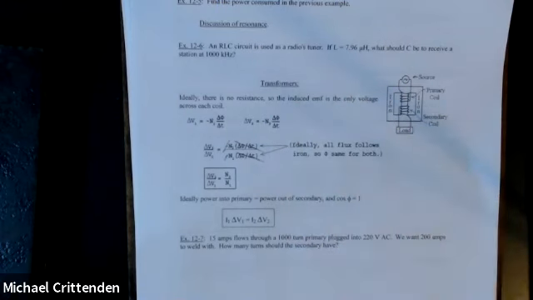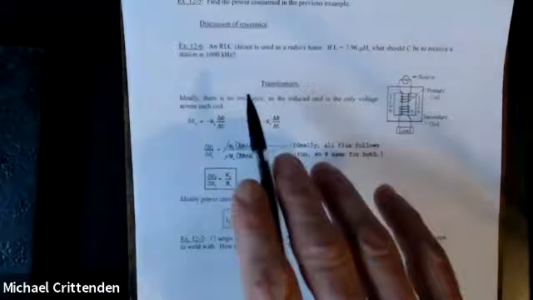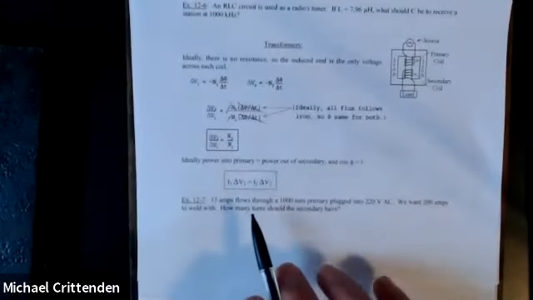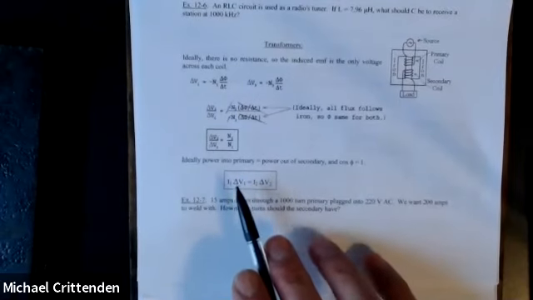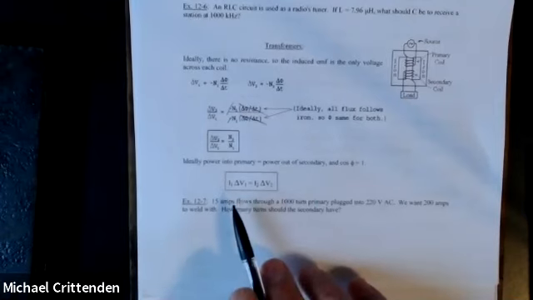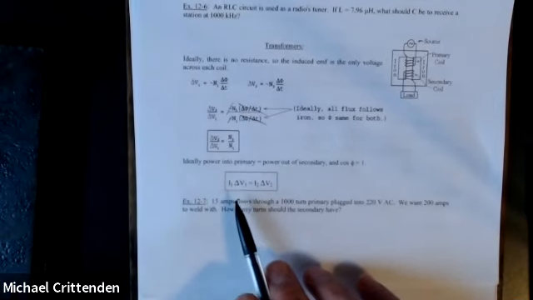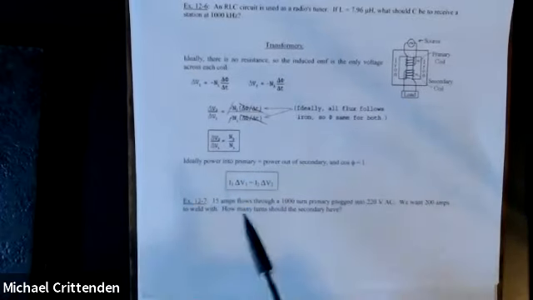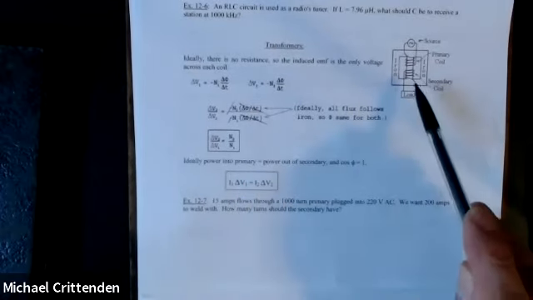But the nice thing about an introductory course is you can just shrug all that off and say, oh, that's small enough to ignore. So, of course, power is actually I times V times the cosine of the phase angle. But if you're operating it in a way that the phase angle is close to 1, so that the cosine factor doesn't complicate life, then I times V on the one coil would equal I times V for the other coil.